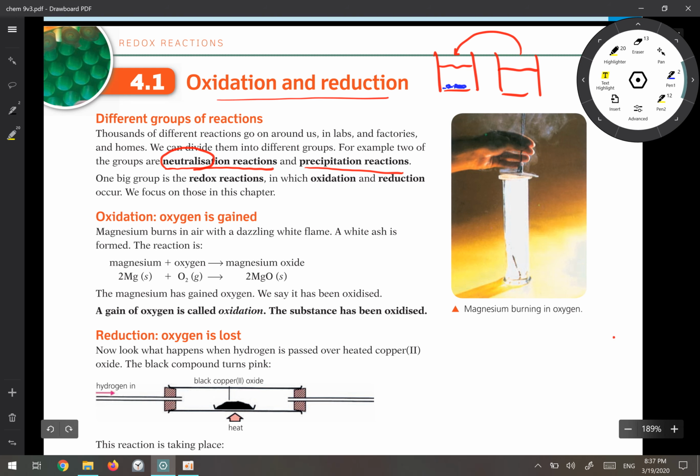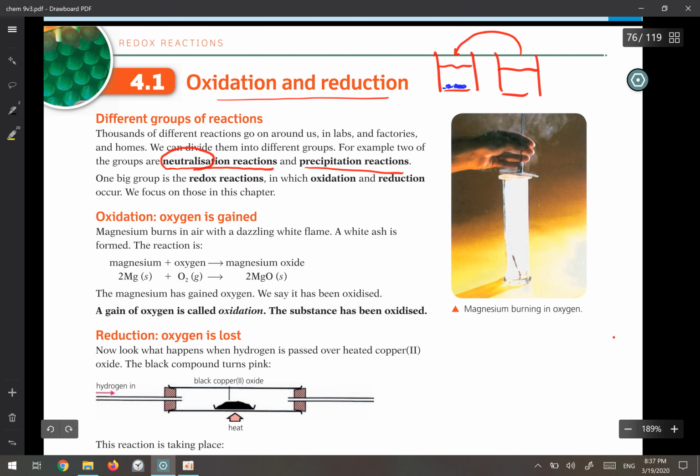This solid material which forms upon mixing two solutions, we call it precipitate. So if you mix two solutions and a solid forms, this type of reaction is called a precipitation reaction.